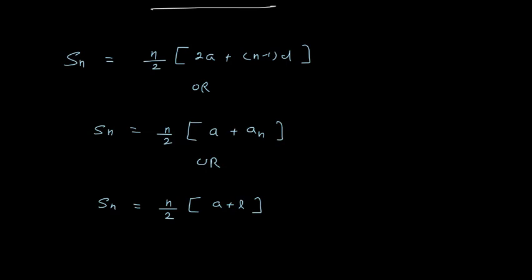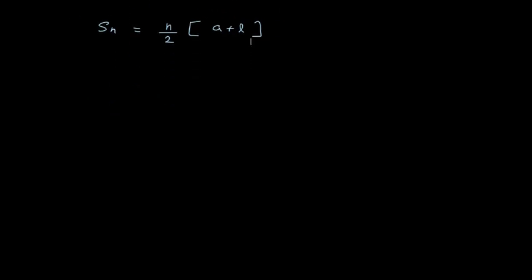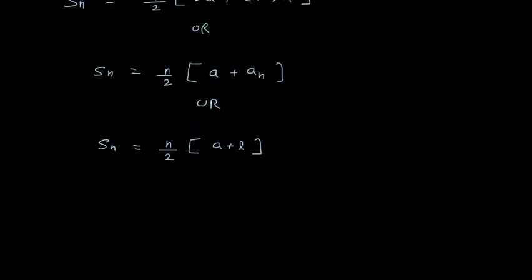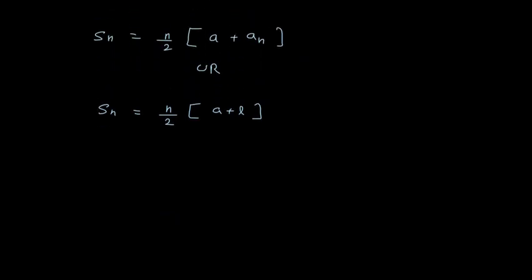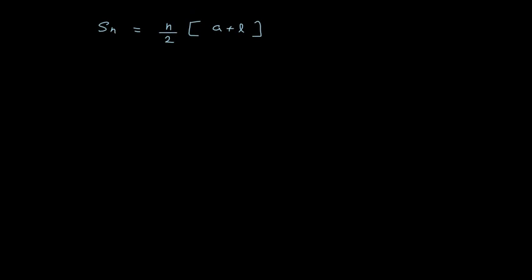Now one more formula I will discuss, that is the nth term. If we want to calculate the nth term from Sn, we can use the formula an equals Sn minus Sn minus 1. What does it mean? If you have to find the sum of the first 10 terms, it is the sum of the first 9 terms plus the 10th term.